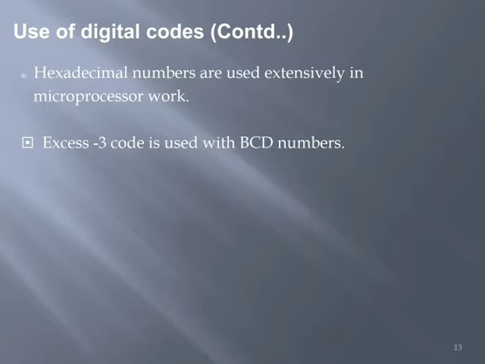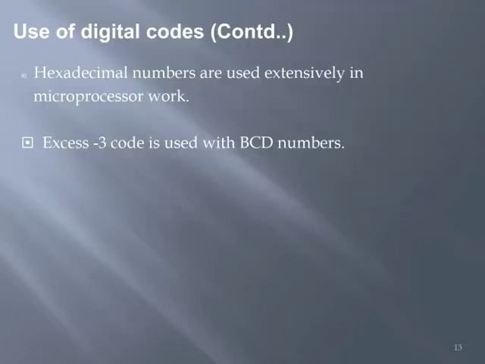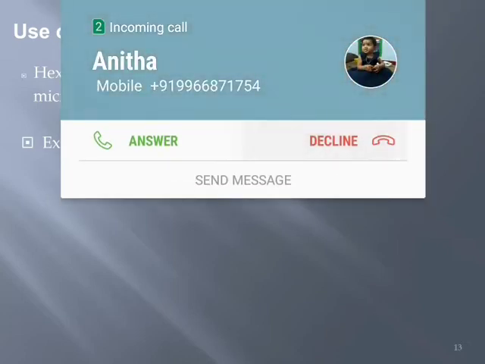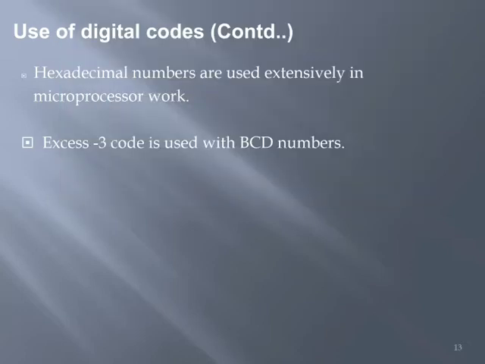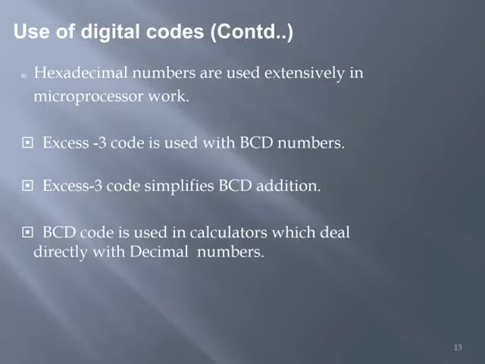All those codes are weighted codes. Non-weighted codes include XS3 codes, which are used with BCD numbers, and XS3 codes are used to simplify BCD addition. BCD code is used in calculators which deal directly with decimal numbers.